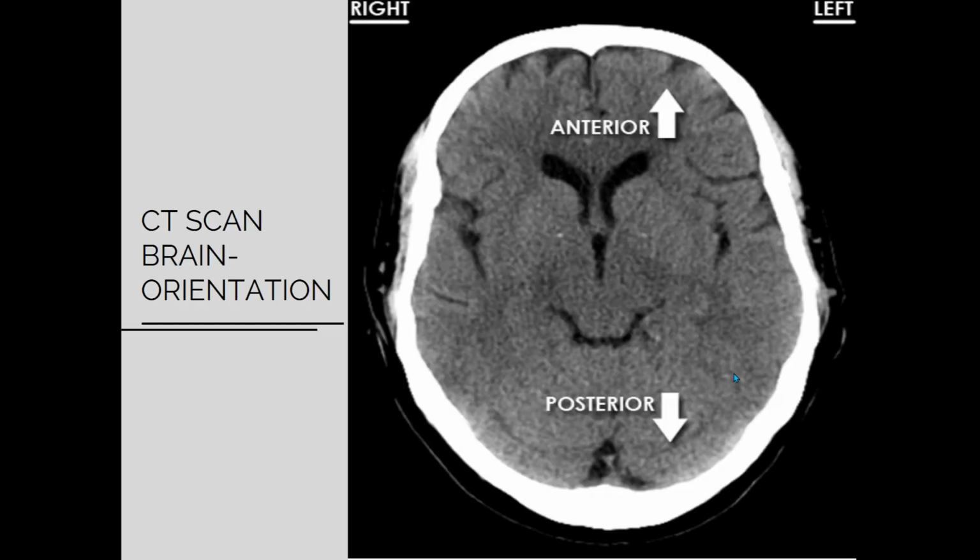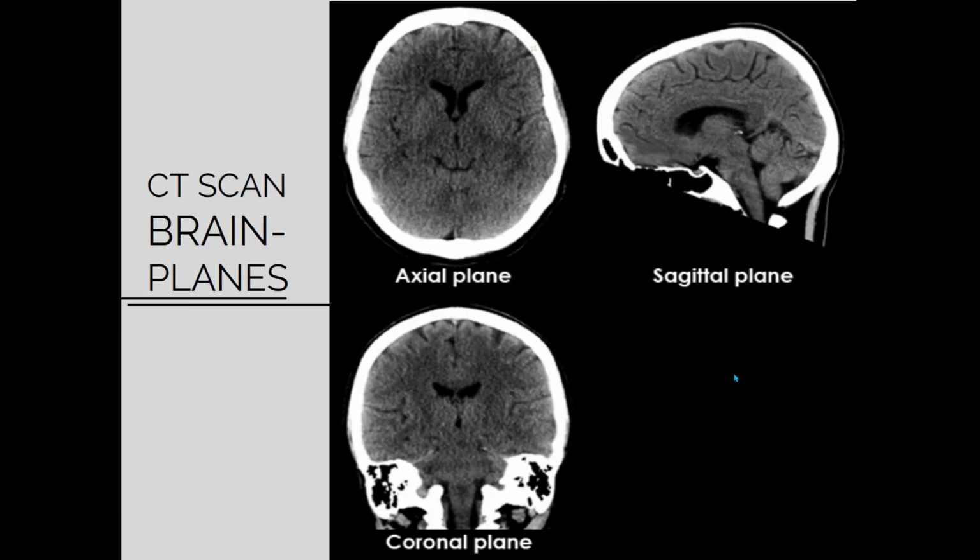Okay, so this is the orientation, so that you can easily write down your findings, which part is the anterior and which one is the posterior. Not only this, but you must also mention which plane we are showing you. Mostly we are giving you the axial plane. Axial plane CT scan we are giving you in your exams.